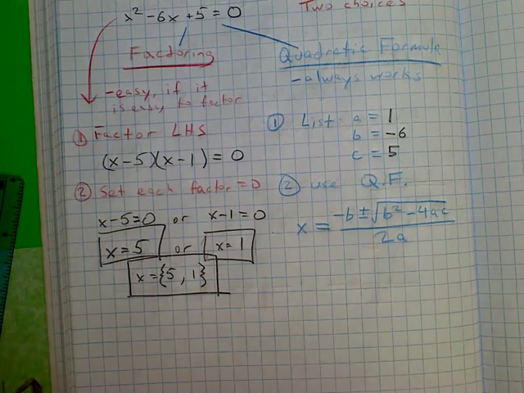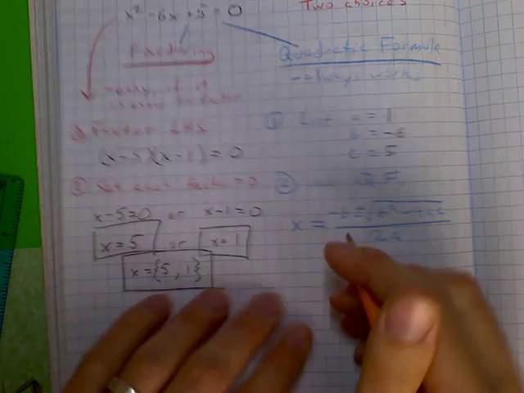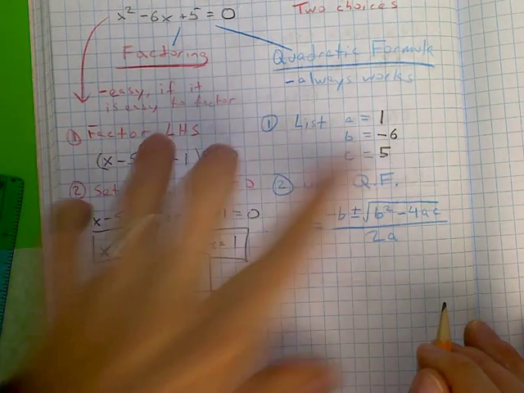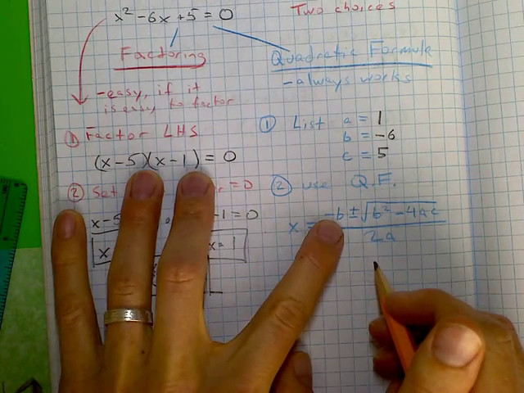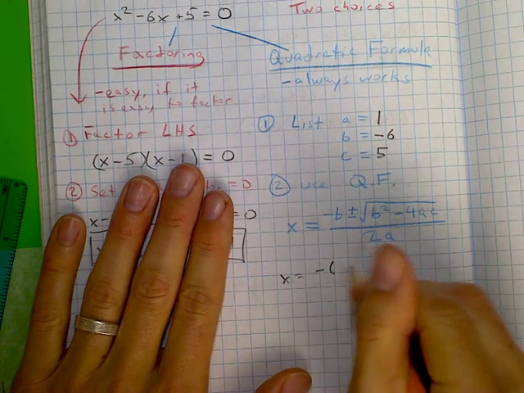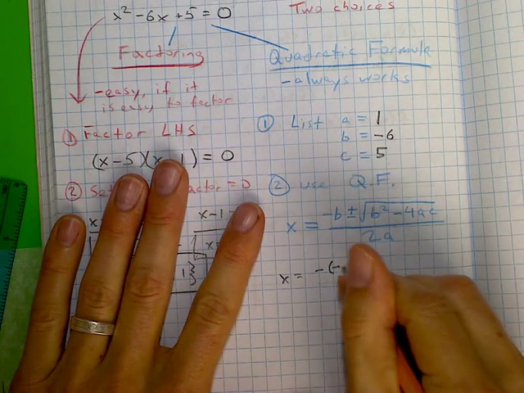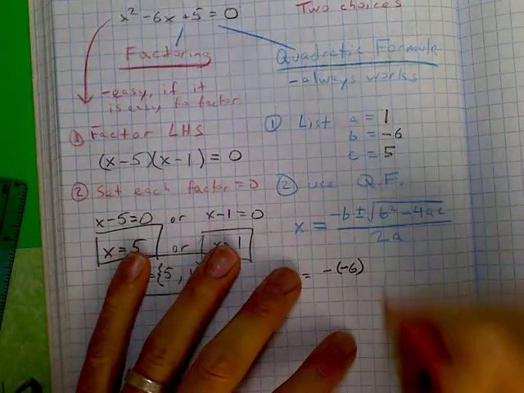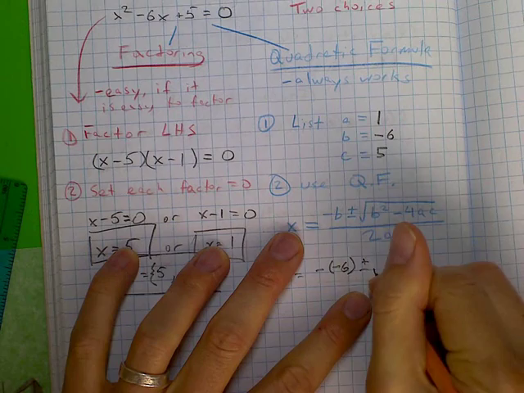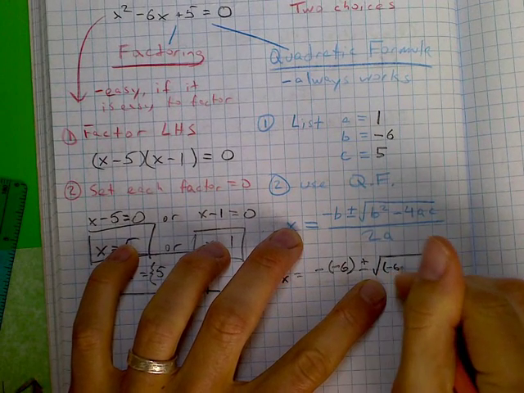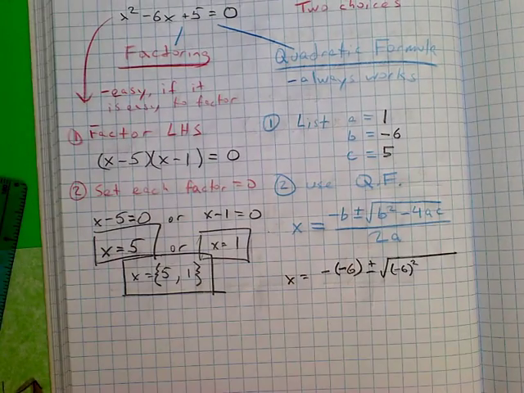Okay, so let's try it. We're going to plug in numbers. So everywhere I see a b, I'm going to put a negative 6. So this is negative b, that's negative 6, plus or minus the square root. So b squared, that's negative 6 squared. Right now I'm just going to plug in the numbers.